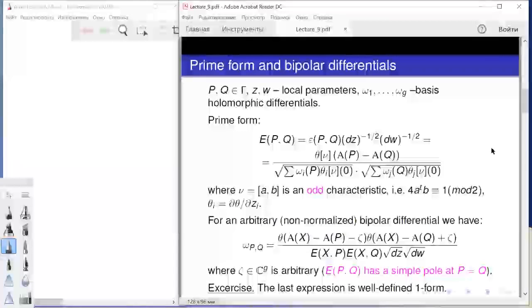Now, theta with lower i and j stand for partial derivatives in z_i, z_j, respectively.